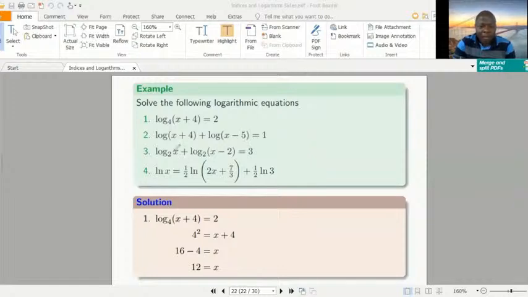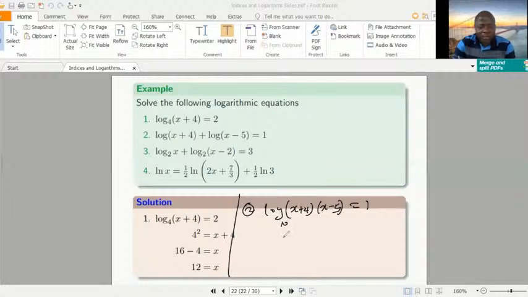Now I want to do this using the laws of logarithm. This addition means I'll be doing multiplication. So I would have log of x plus 4 multiplied by x minus 5 is 1. Remember the base here is 10 actually.